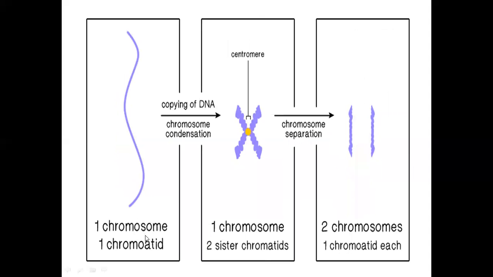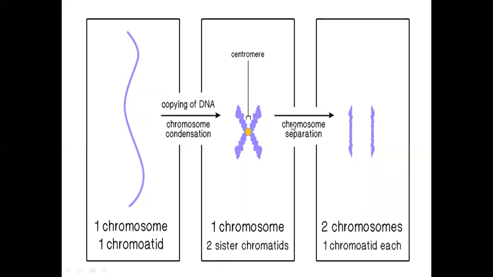So this is one chromosome we are talking about, and this is one chromatid. When copying of DNA material takes place and chromosome condensation takes place, one chromosome replicates another chromatid. So this is where you have two sister chromatids, both held together by the centromere.